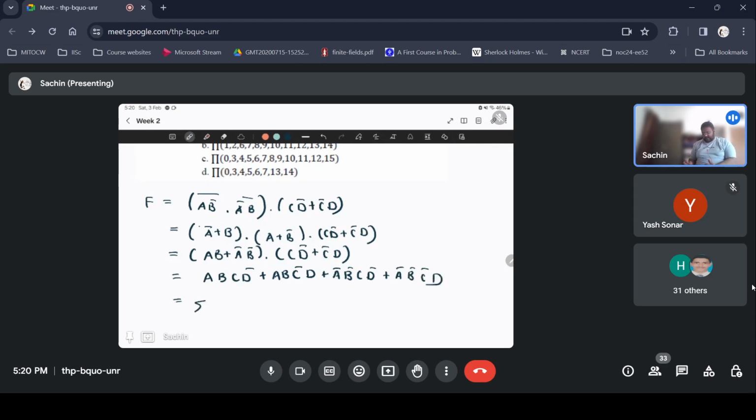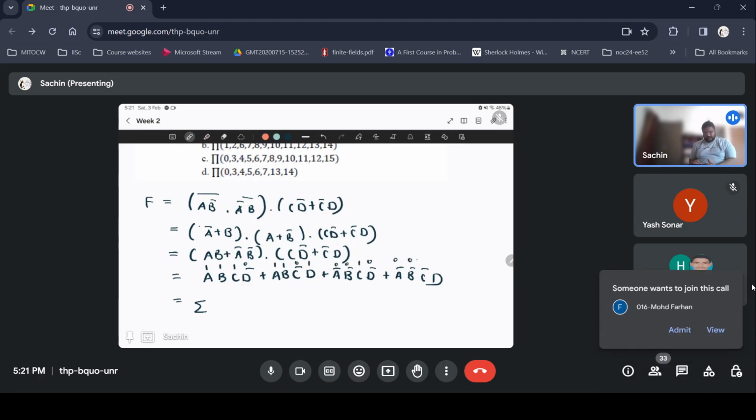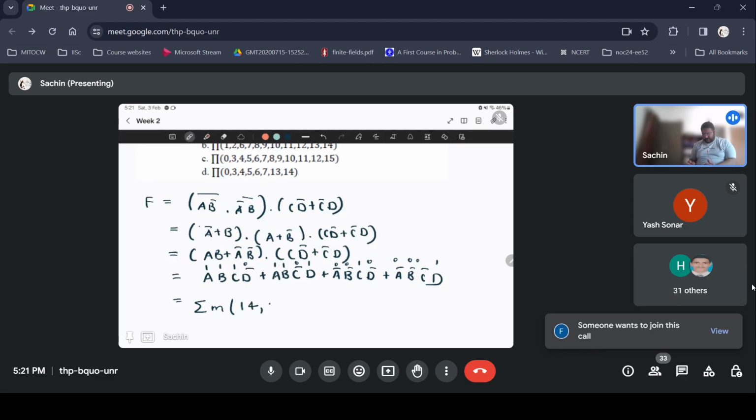In terms of min terms, what will this be? This will be 1 1 1 0, 1 1 0 1, 0 0 1 0, 0 0 0 1. So in terms of min terms, it will be 14, 13, 2 and 1.